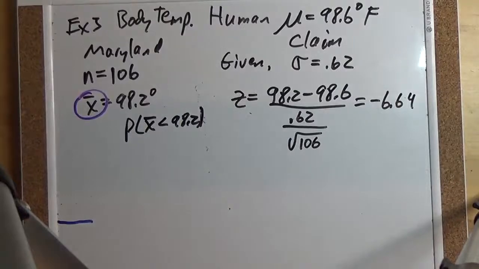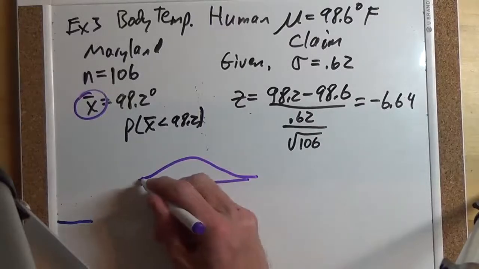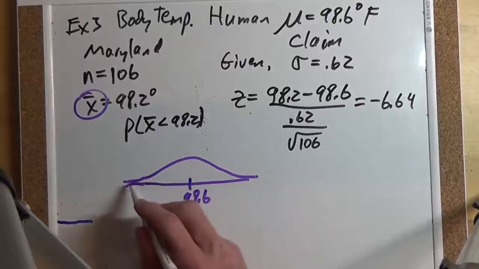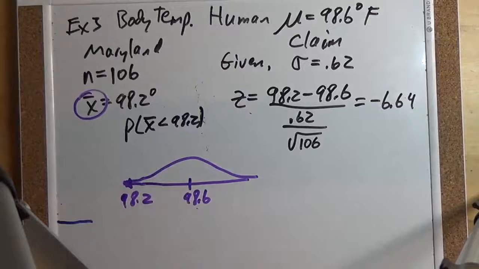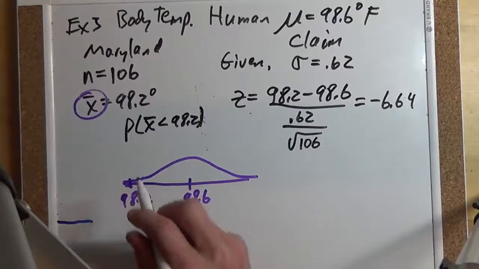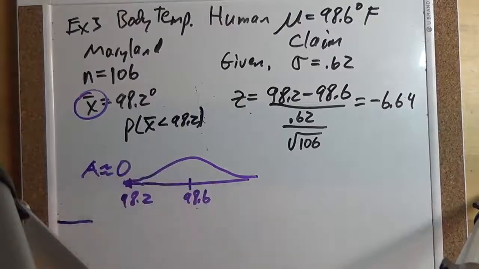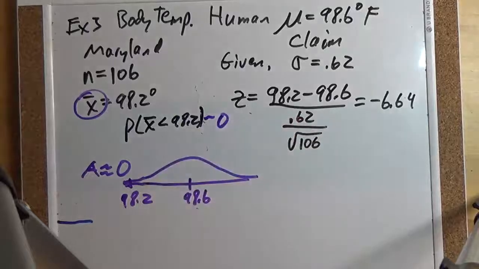Okay, that is way out here in the left tail. Now, if this is the 98.6, the probability that we're at 98.2 or less is basically zero. There's really no area to the left of that. So this probability is, for all intents and purposes, zero. So what we're going to do is, now we've got some evidence.